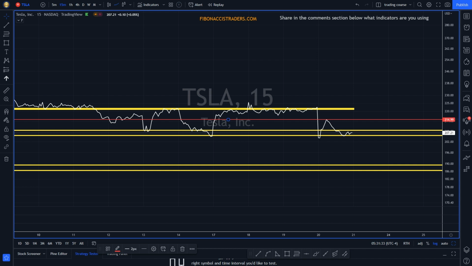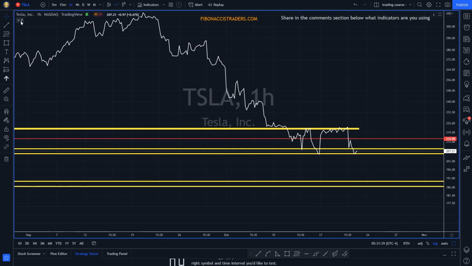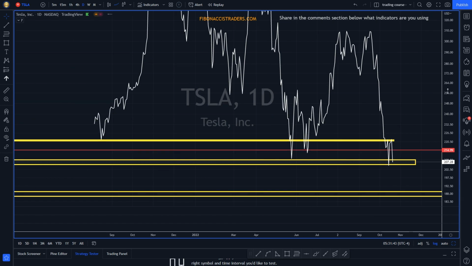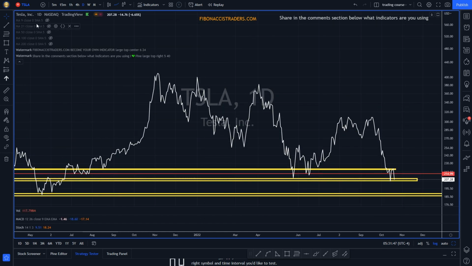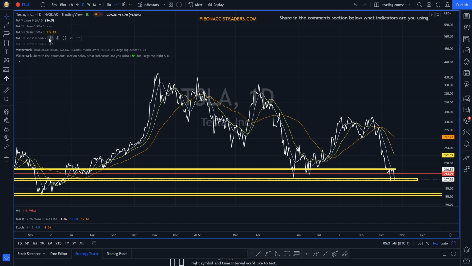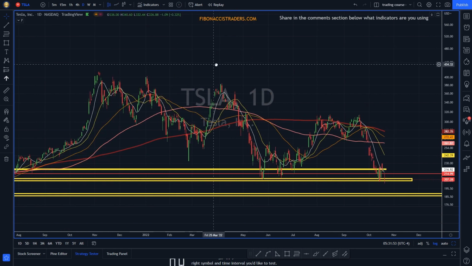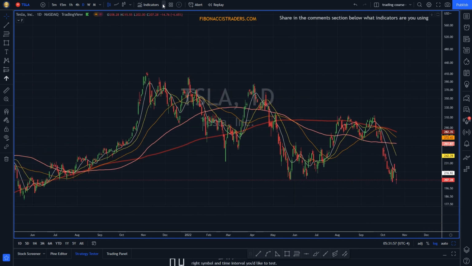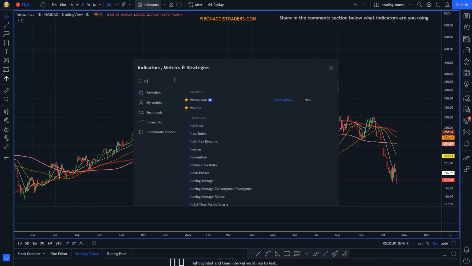Try it. Try it on the daily, try it on the weekly, try it even on the 1 hour. It works. You don't need any of it. Now check and see the difference between this and all these indicators. If we take all this out, of course, it's much easier.